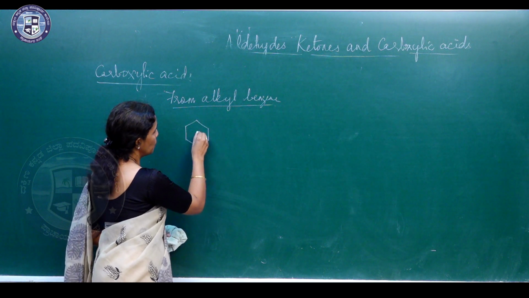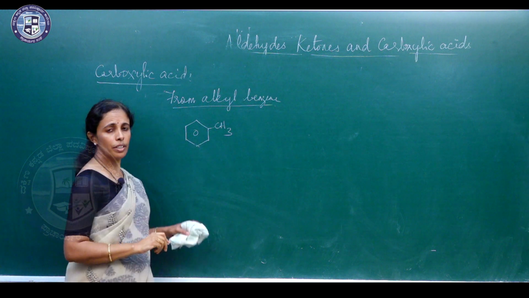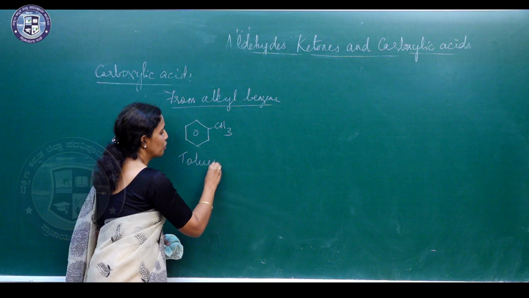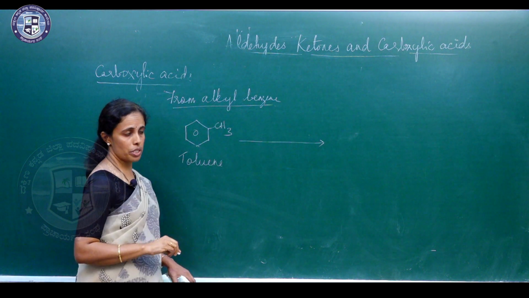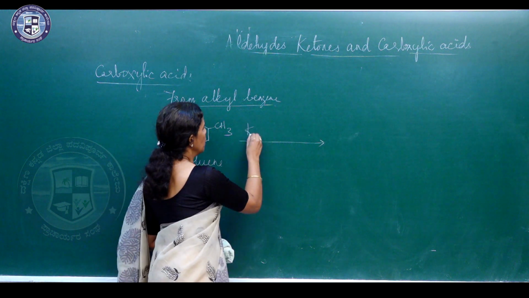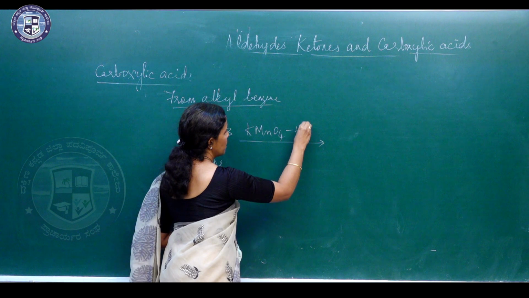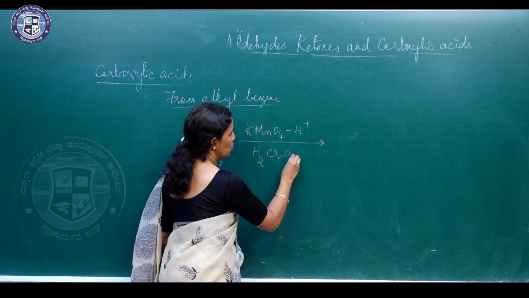An alkyl group attached to the benzene ring is called an alkyl benzene. Here I have taken the example of toluene. Now subject it to vigorous oxidation in presence of KMnO4 in the acid medium, or you can use chromic acid H2CrO4.